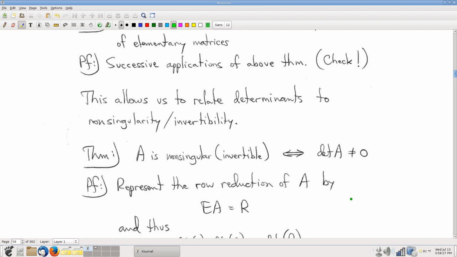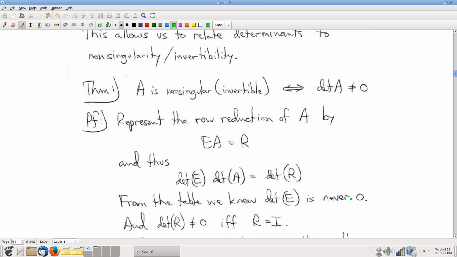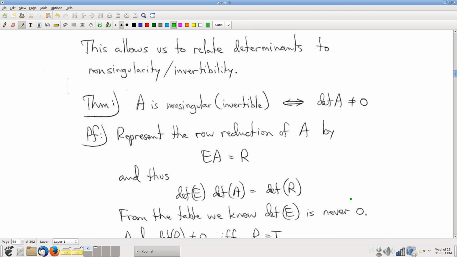All right. This gives us a wonderful result that relates determinants to non-singular matrices. And let me just remind you before we get into that, don't forget a non-singular matrix is an invertible matrix and vice versa.